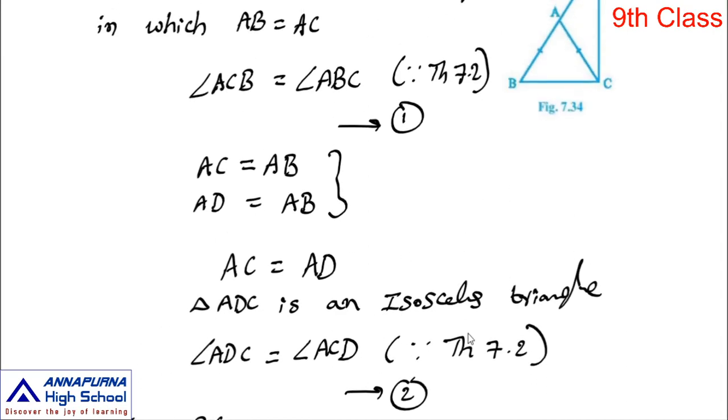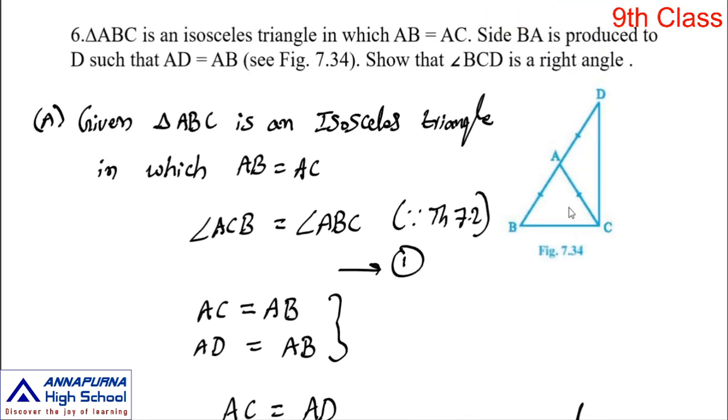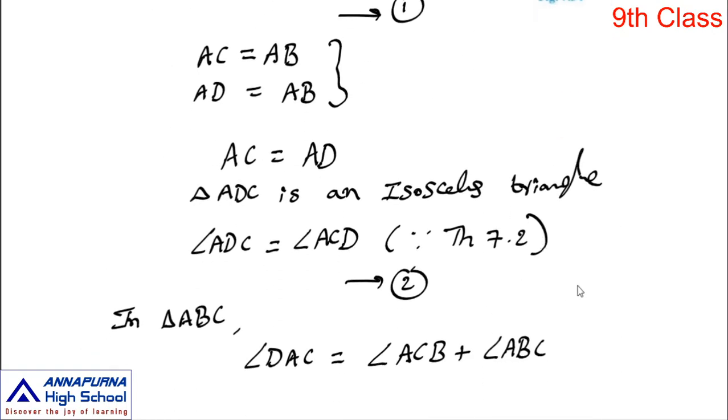See the figure. Angle DAC is equal to angle ABC plus angle ACB. One exterior angle is equal to the sum of the two opposite interior angles, by using the exterior angle property.